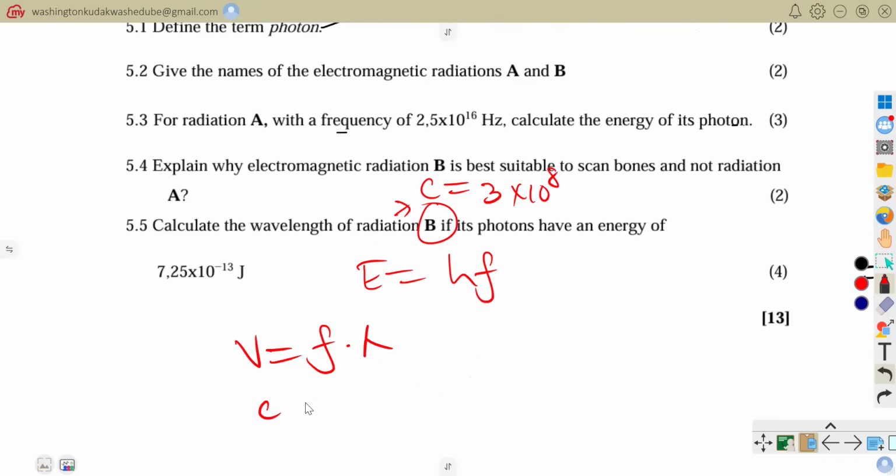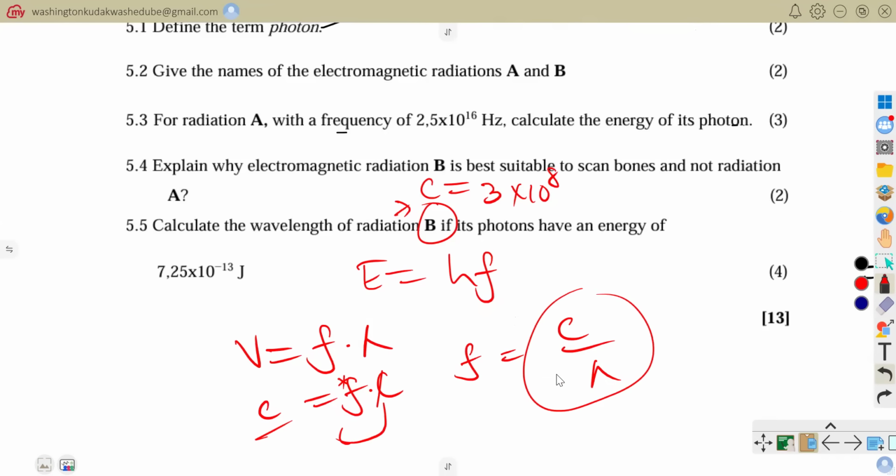This would be written as c is equal to f lambda, so that our frequency can be represented as f is equal to c over lambda. When I want to make this the subject, I'll just divide on the other side, so it will be c over lambda.